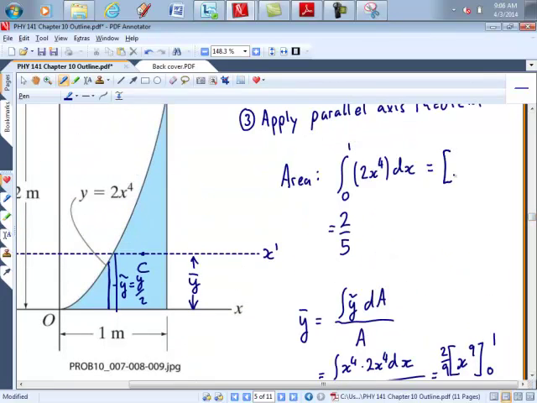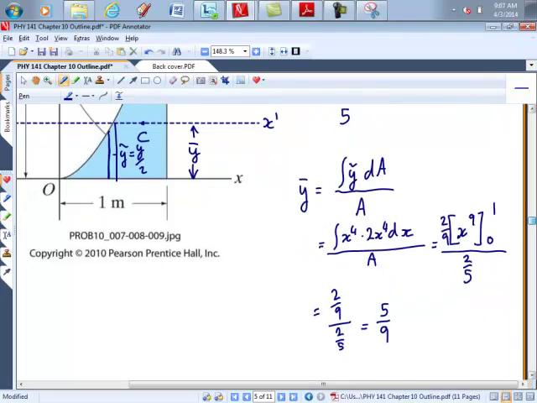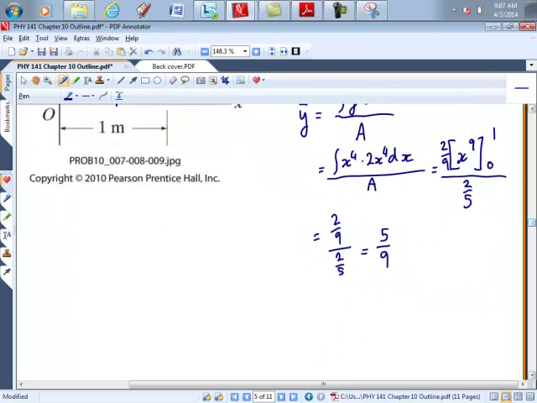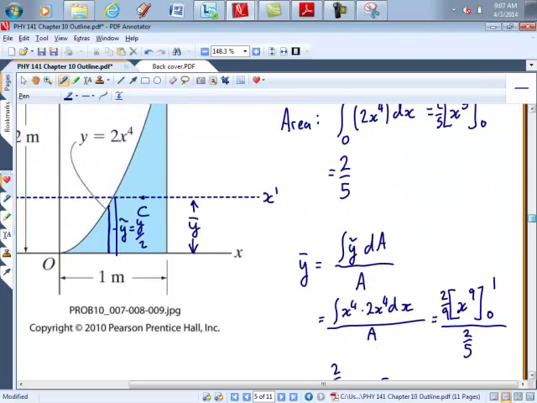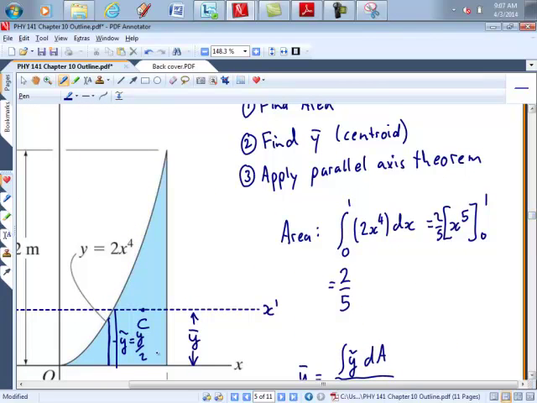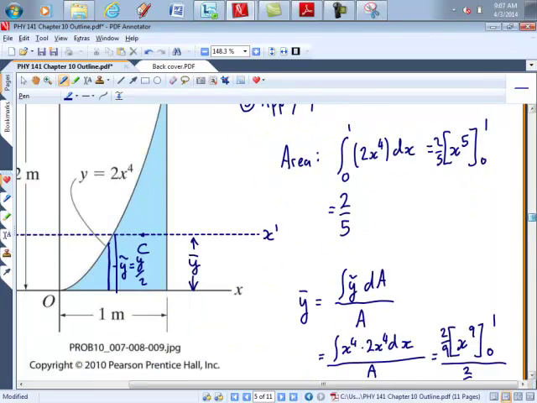So that's going to be 2/5 x to the 5, evaluated between 0 and 1. All right, so we have 5/9 for y bar. Does that make sense? It's a little less than a quarter of the way up. That seems reasonable, given the shape.